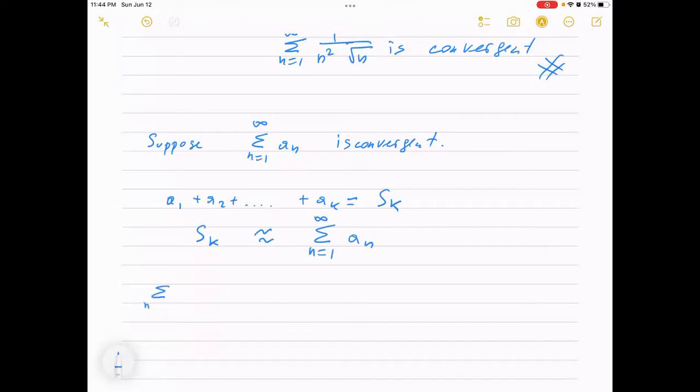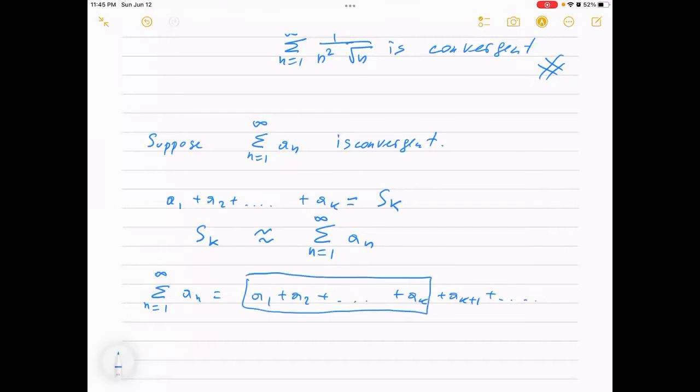If we look at the series, sum from n equals 1 to infinity of a_n, that is a1 plus a2 plus a_k plus a_(k+1) plus and so on. So that initial sum a1 through a_k is S_k, and whatever is left out is our error.